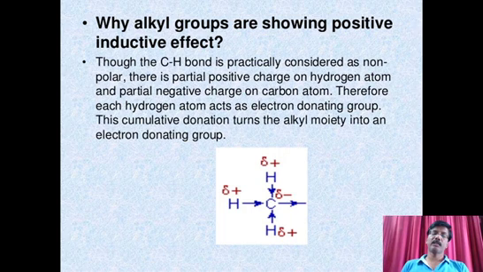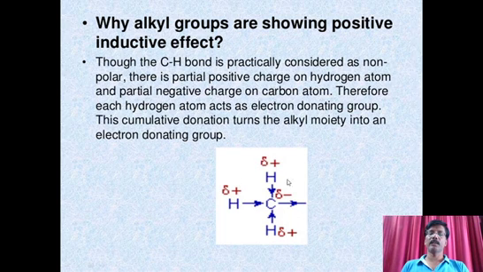The reason is the difference in the electronegativity of carbon and hydrogen. Carbon is gaining electrons from hydrogen. Hydrogens are less electronegative than carbon. The carbon value is 2.5 and the hydrogen value is 2.1 electronegativity. Because of that, carbon partially gets a negative charge compared to hydrogen. So due to this partial negative charge on carbon in a methyl group, it pushes the electron pair towards the other group.